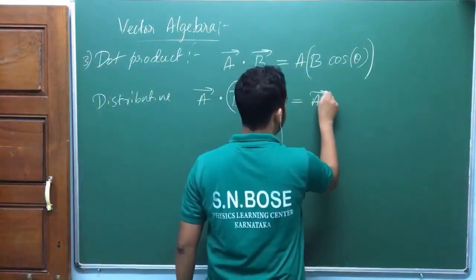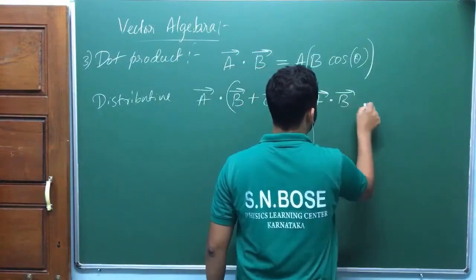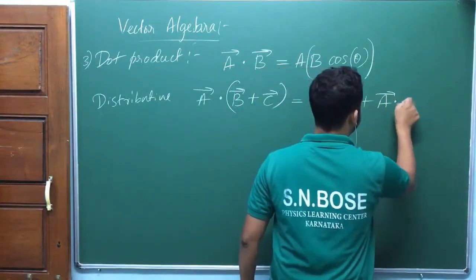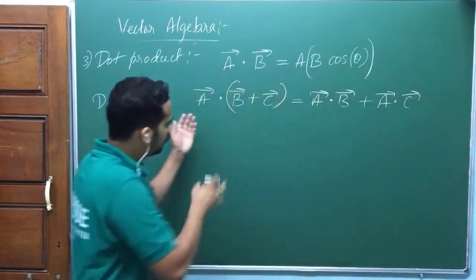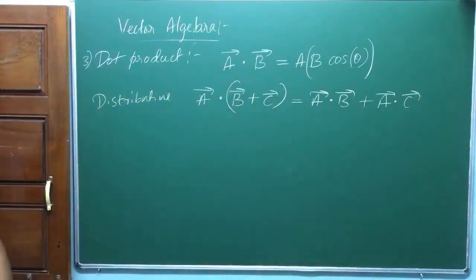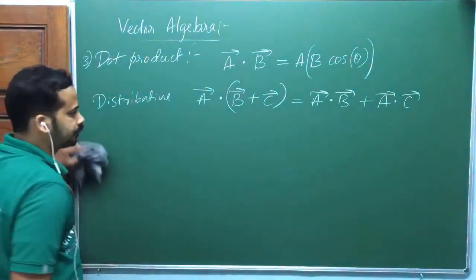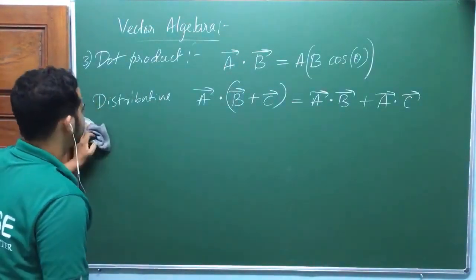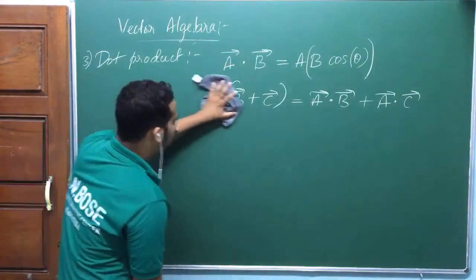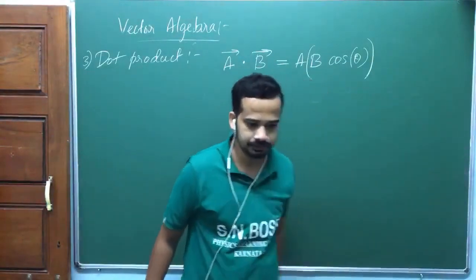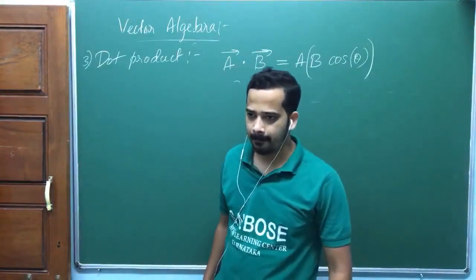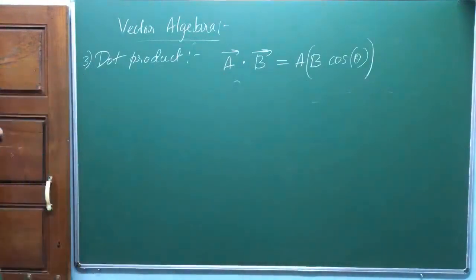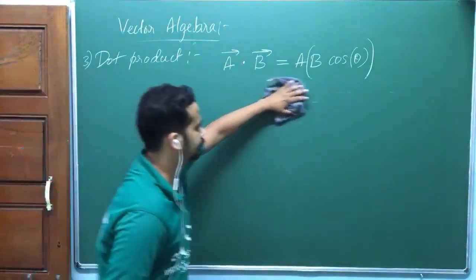A dot B plus A dot C. The dot product is distributed among B and C, you can say like the distributive law. Is that okay? I hope these are not a big deal for you. And one more. But it's almost 1 hour. Wait a second, I'll take 10 more minutes. Let me finish off this idea.